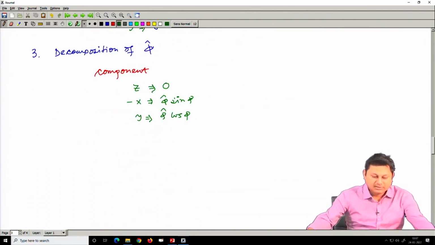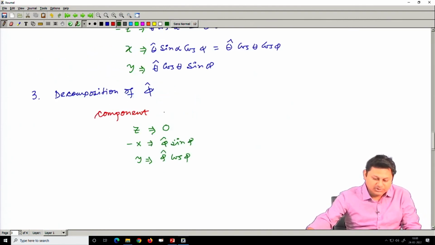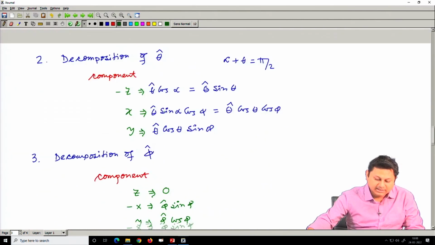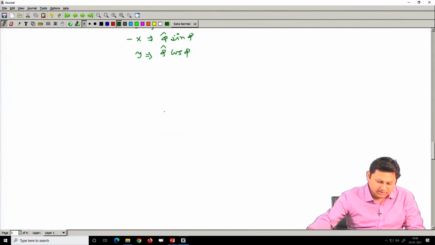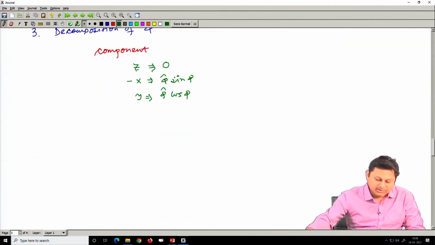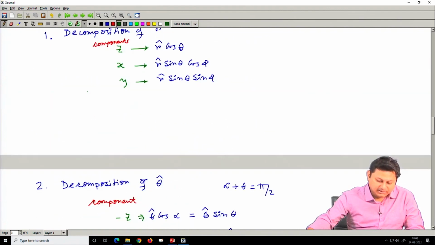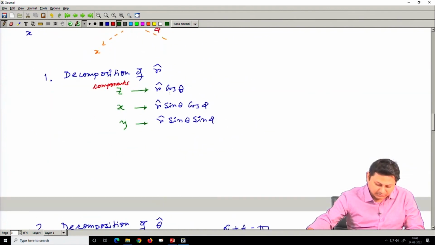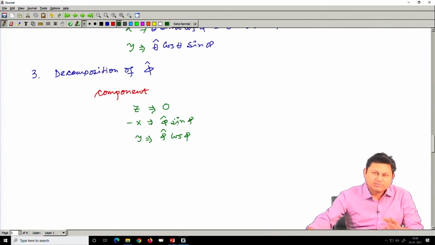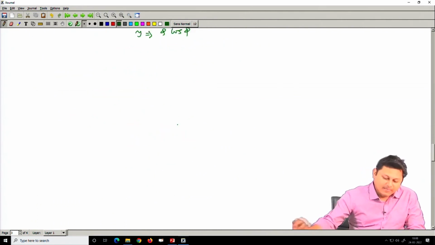Now, after having the division of components, we are in a position to write the entire thing in matrix form, the way we did. The z component is nothing but the k unit vector, x is the i unit vector, and y is the j unit vector. So, I can write i, j, k in terms of r, theta, phi, and then I can take a transpose and get the other one.